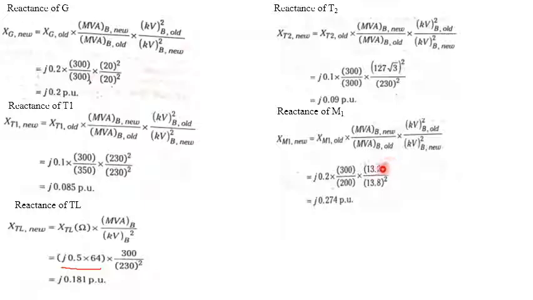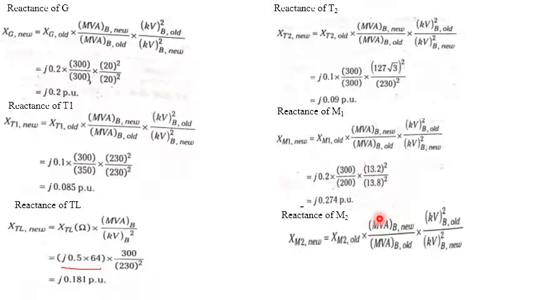Here the voltage value mentioned in the numerical is 13.2, and the base voltage we got by calculating is 13.8, which gives 0.274. Similarly for motor 2, 0.2 into 300 by 100, into 13.2 by 13.8 squared, we get 0.549.